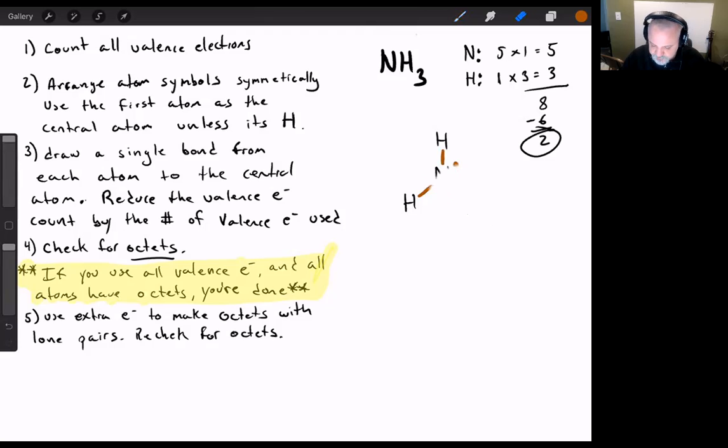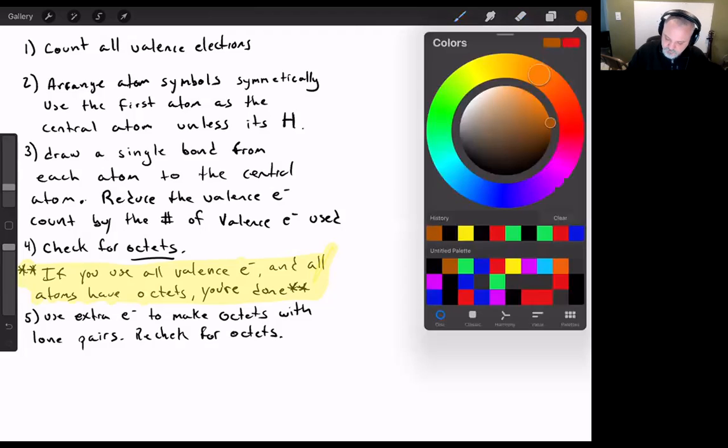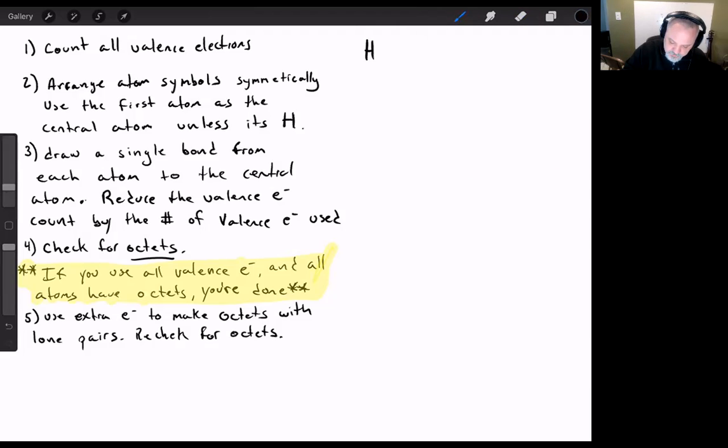Let's do another one. Water. How many valence electrons does water have? Hydrogen has 2, oxygen has 6, so that's 8 total. And when I say hydrogen has 2, I'm saying it has 1 each. There's 2 hydrogens. That's a total of 2.